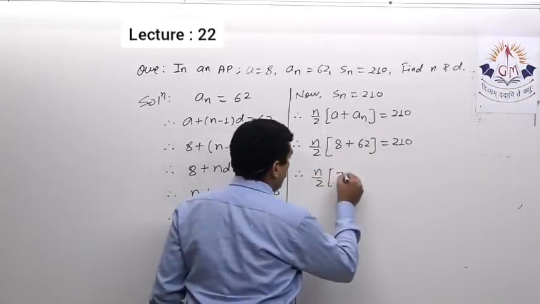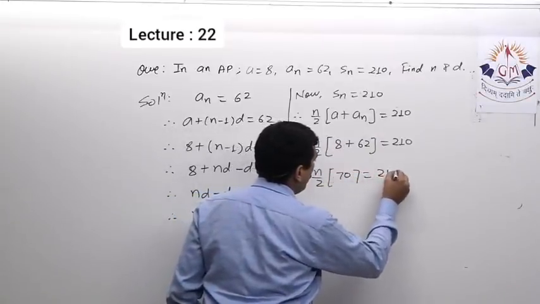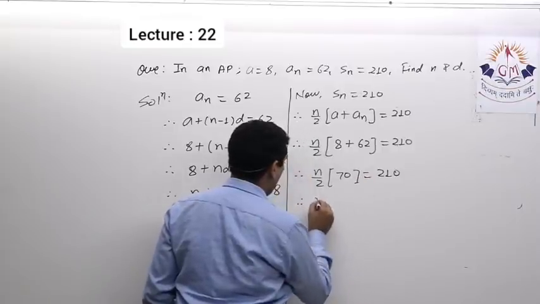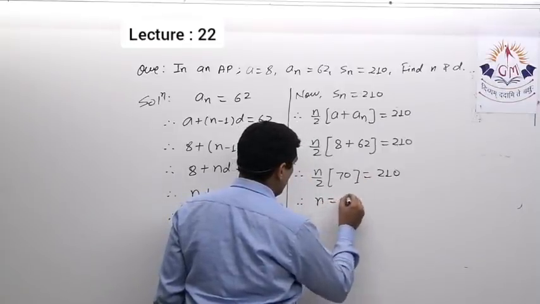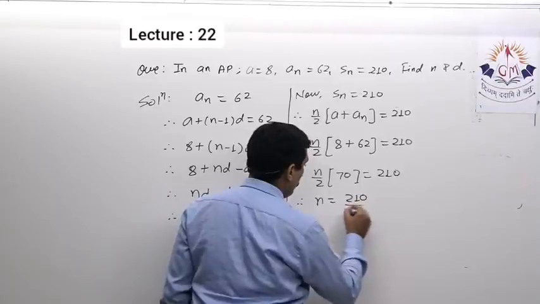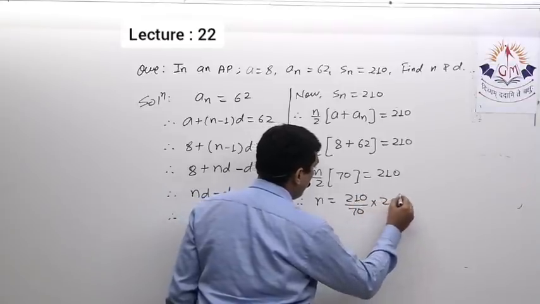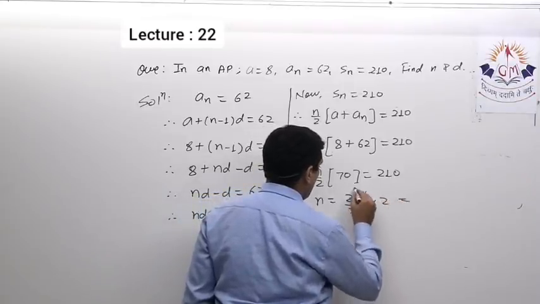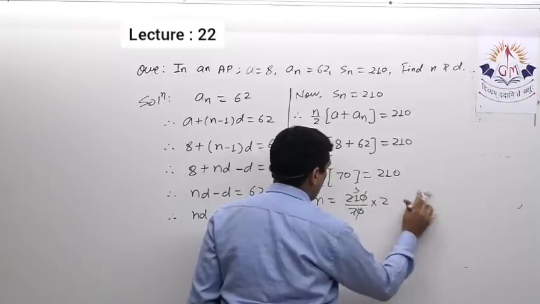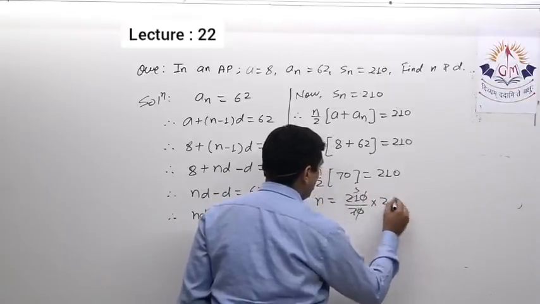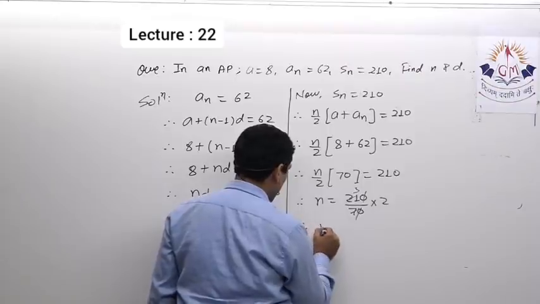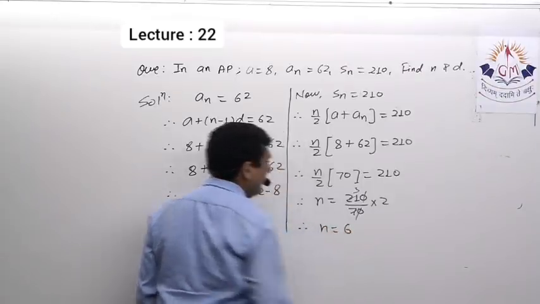So here 70, it is 210. So n is equal to 210 divided by 70 multiplied by 2, that is 6. Therefore n is equal to 6.